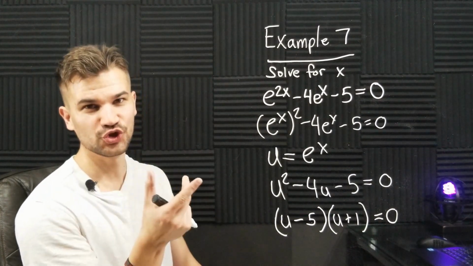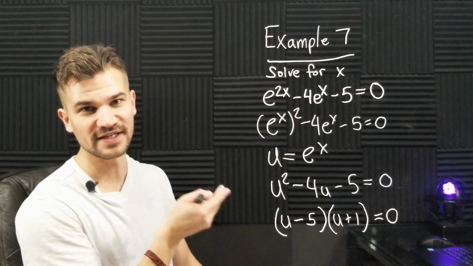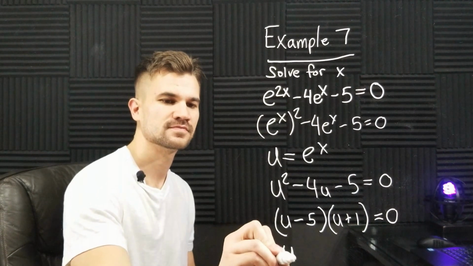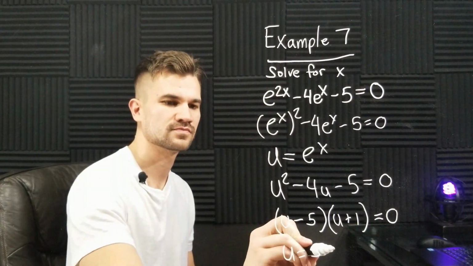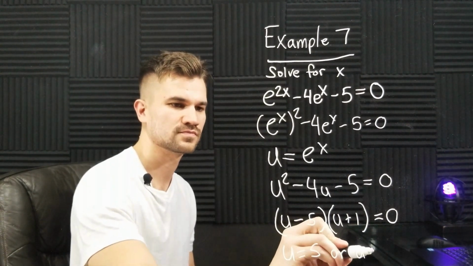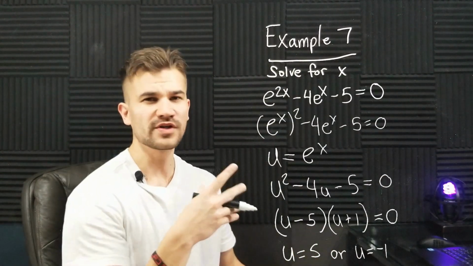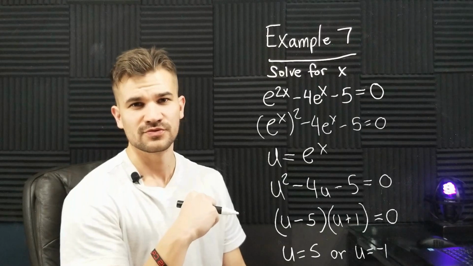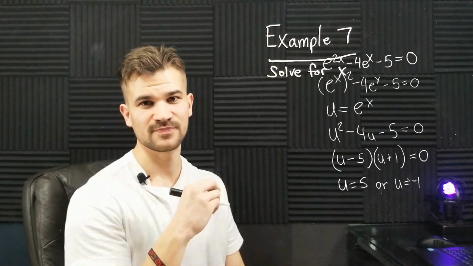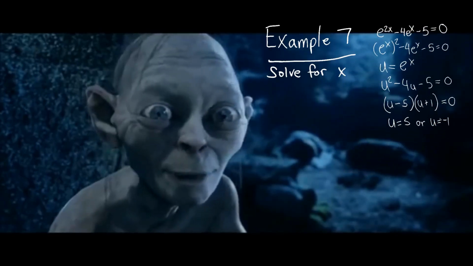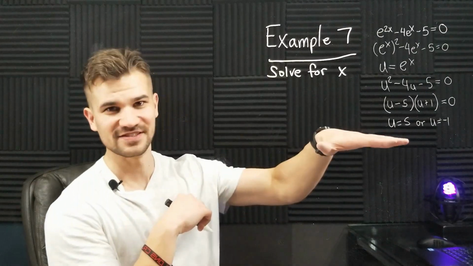So we get that u is either 5 or -1. Alright, so we know what u is, but remember, we don't want u. No one cares about u. Nobody likes you. You can just get out of here.